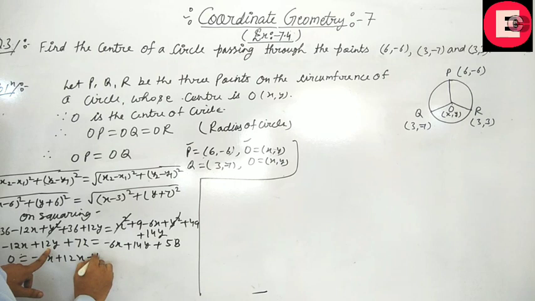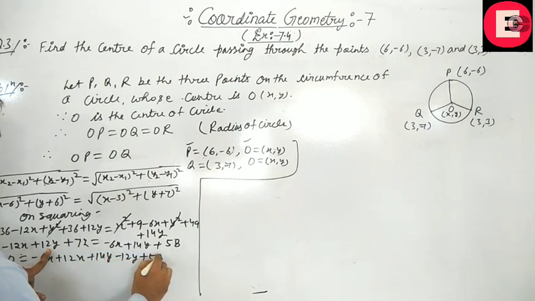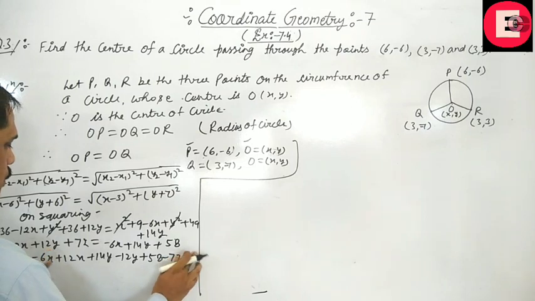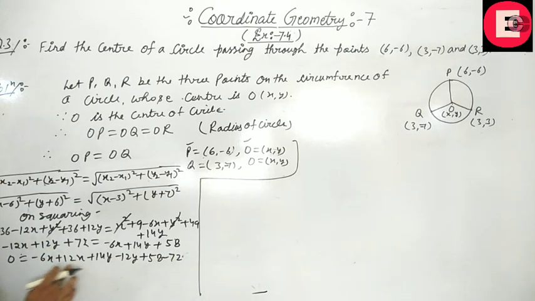Now transferring to the other side, 6x minus 12x, 14y minus 12y, and 58 minus 72, we get minus 6x plus 2y minus 14 equal to 0.